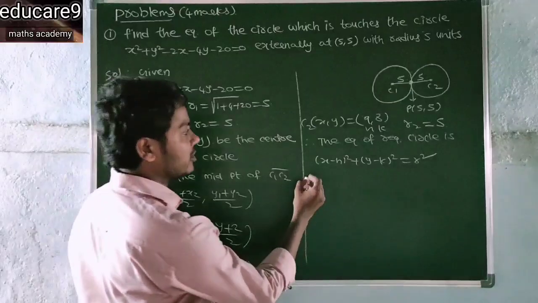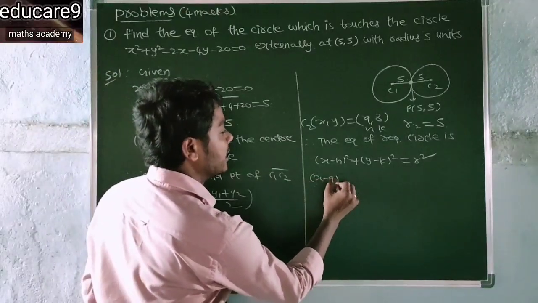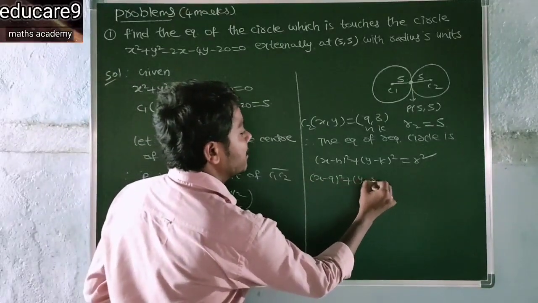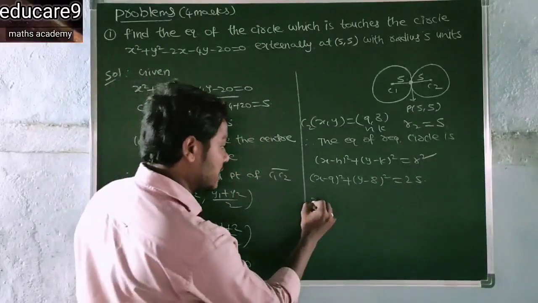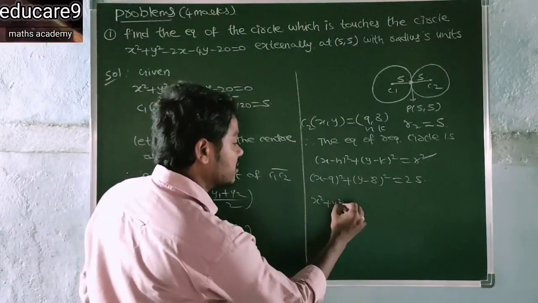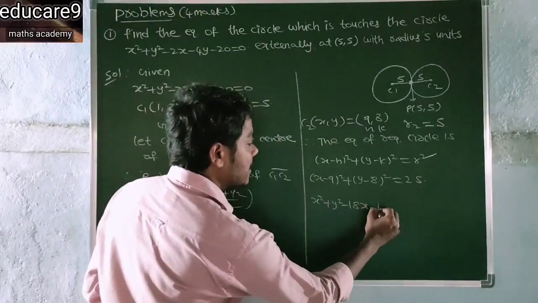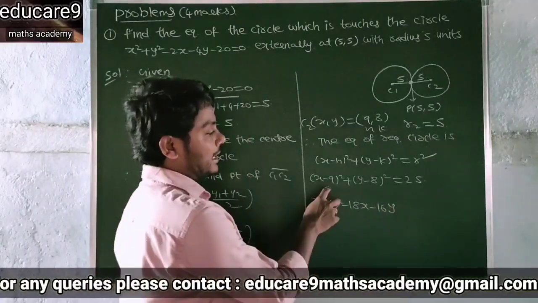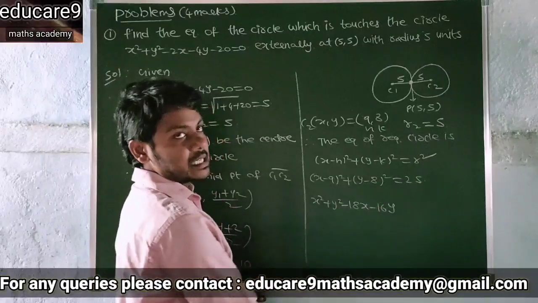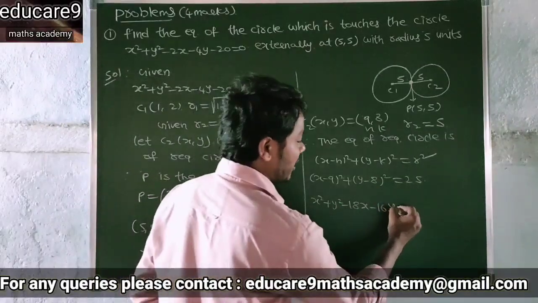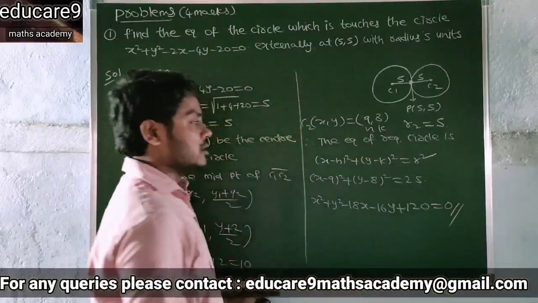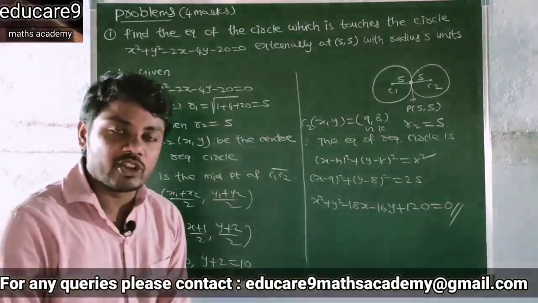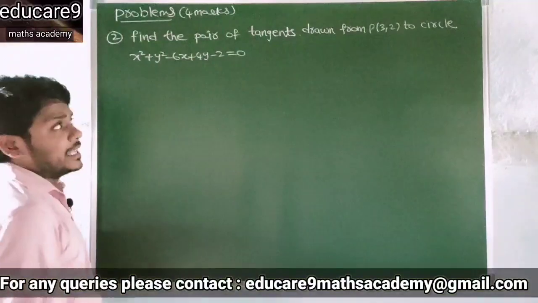So substitute here, what you get: (x minus 9) whole square plus (y minus 8) whole square is equal to 25. So this is x square plus y square minus 18x minus 16y plus 81 plus 64 minus 25, you will get 120, is equal to 0. So this is the required equation of the circle. So see the next one.